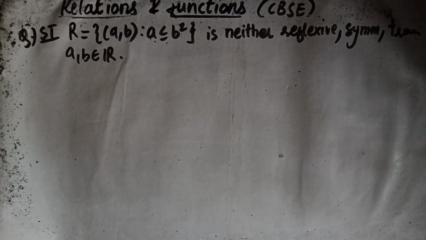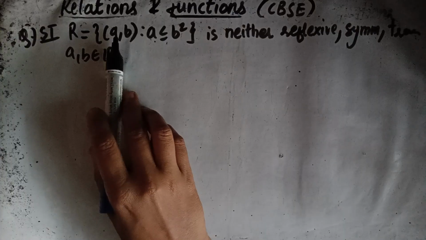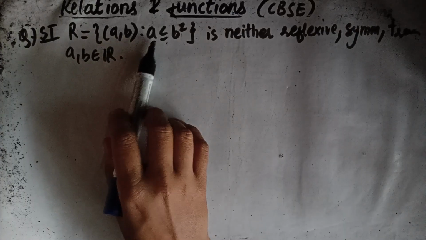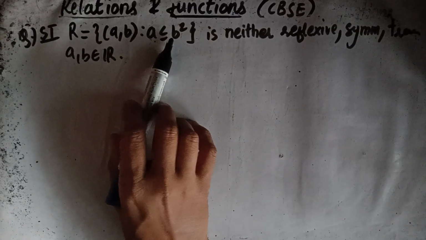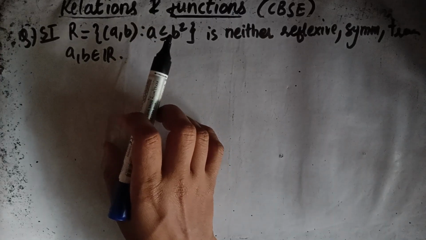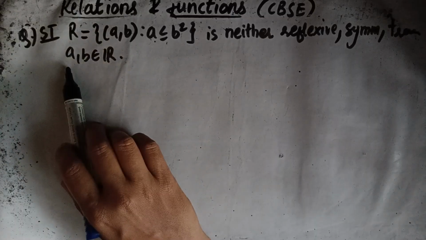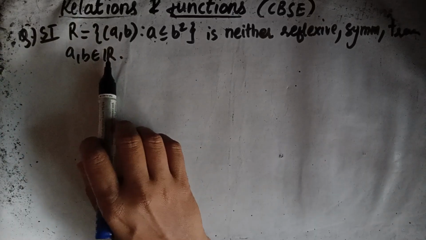Let's solve this. So here the relation set is defined as the set of (a, b) such that a is less than or equal to b squared. Okay, we have to show that it is neither reflexive nor symmetric nor transitive. And here, a and b are from real numbers.